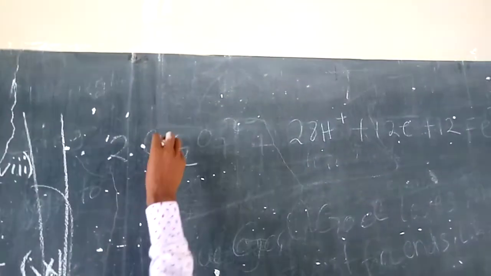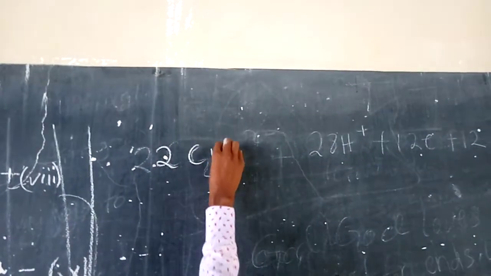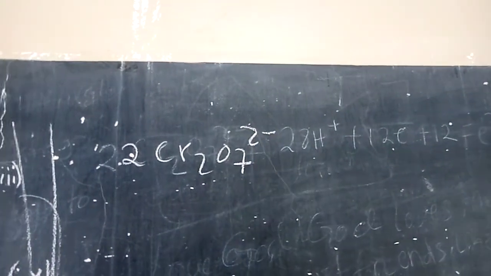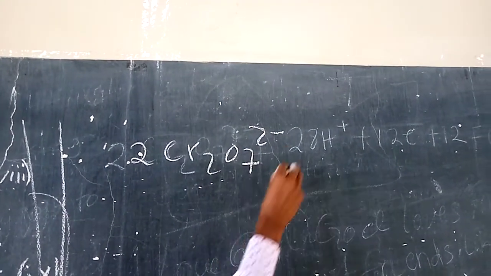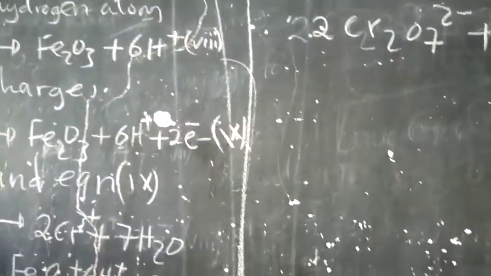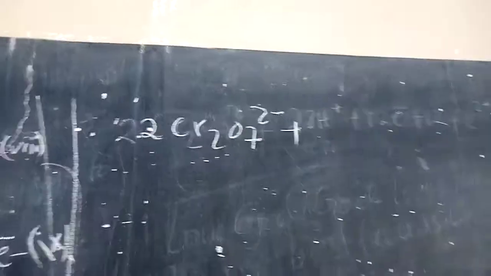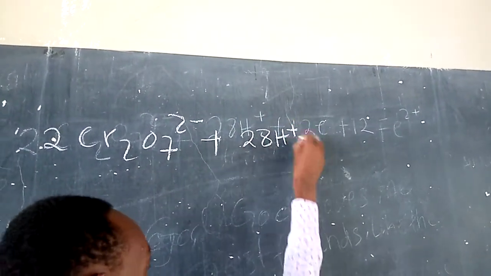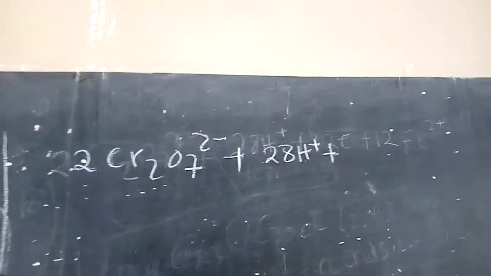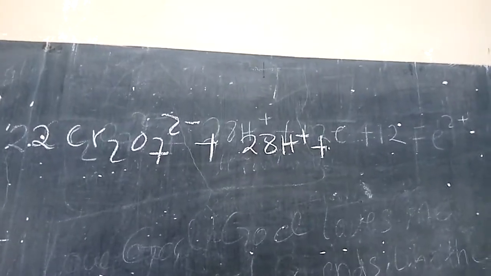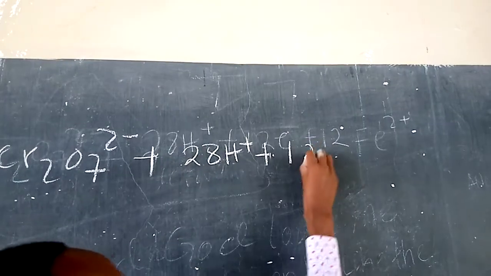You get 2 Cr2O7 2 negative plus 2 times 14 hydrogen protons, you get 28 hydrogen protons, plus 2 times 6 electrons, you get 12 electrons.